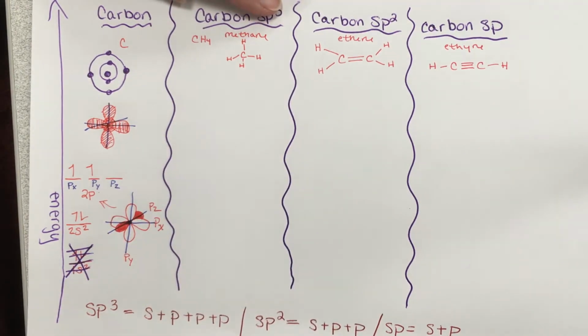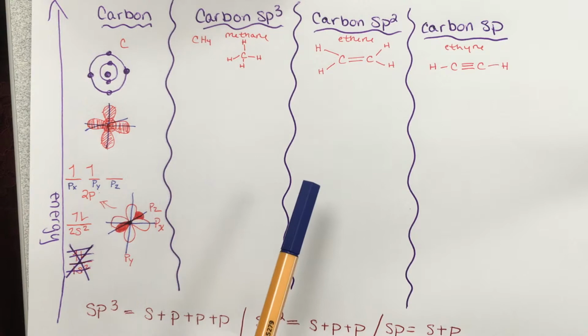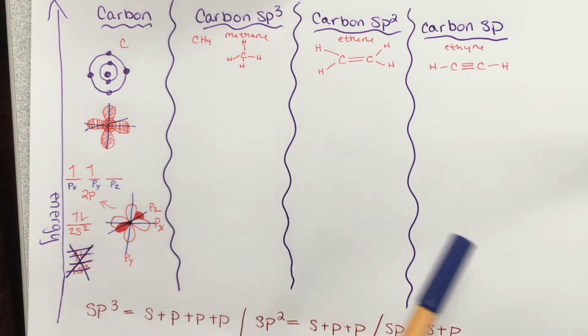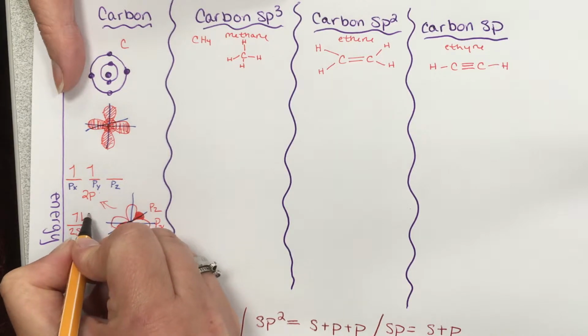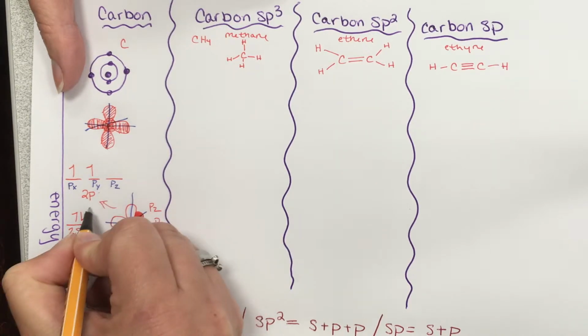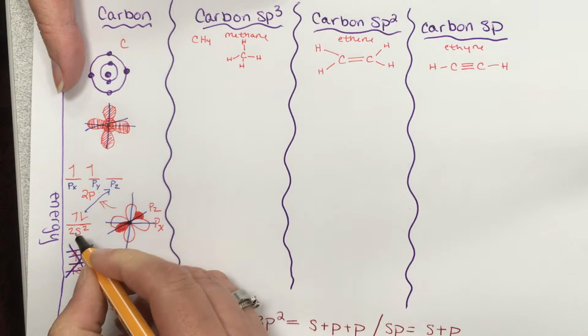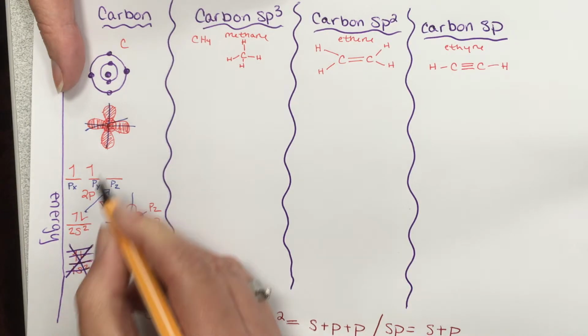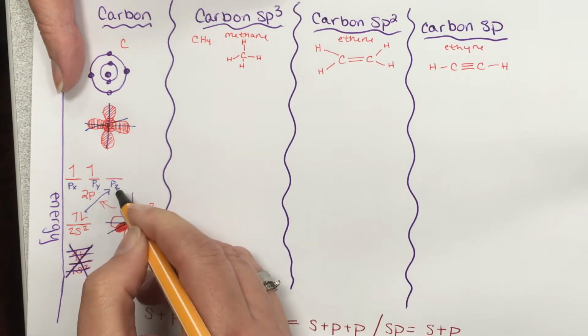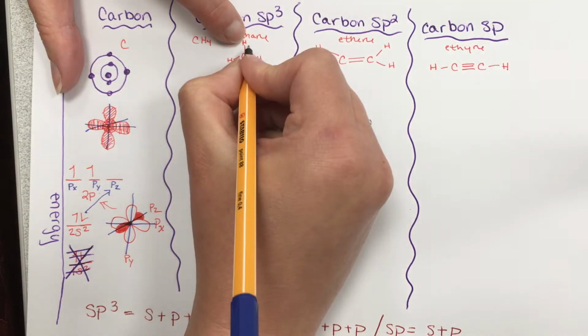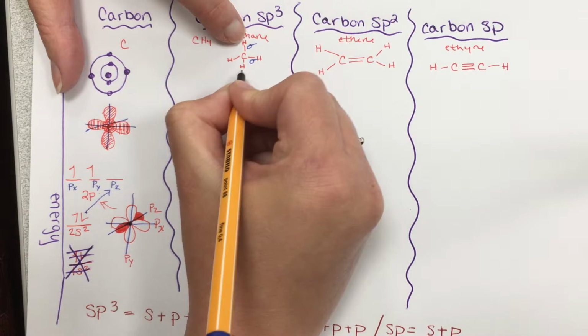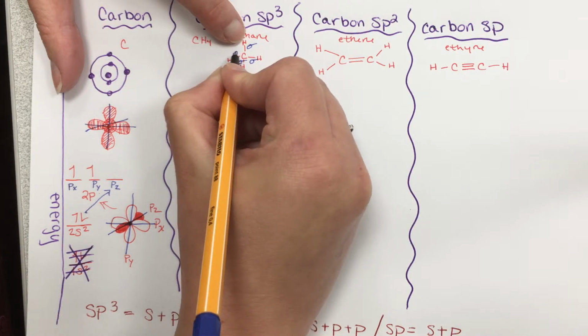So let's look at what it looks like bonded with something. When it bonds with something, that causes hybridization. What that means is these electrons can actually jump from here to here. So we no longer have a separate s and then 3 p orbitals. We have a sigma bond here, a sigma bond here, a sigma bond here, and a sigma bond here.